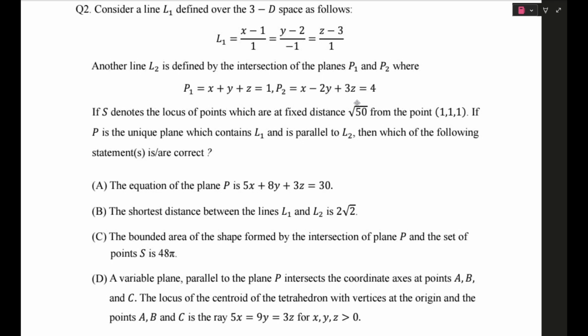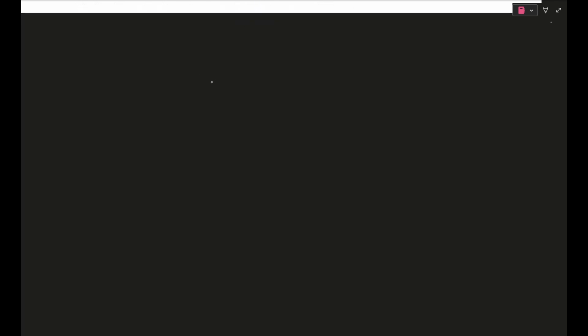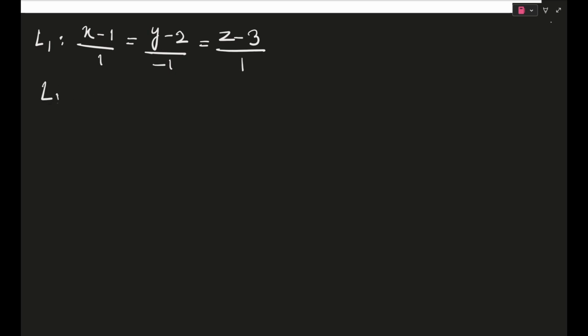Let's start off. First things first, I will write down the data. L1 is given as (x minus 1)/1 equals (y minus 2)/(minus 1) equals (z minus 3)/1.